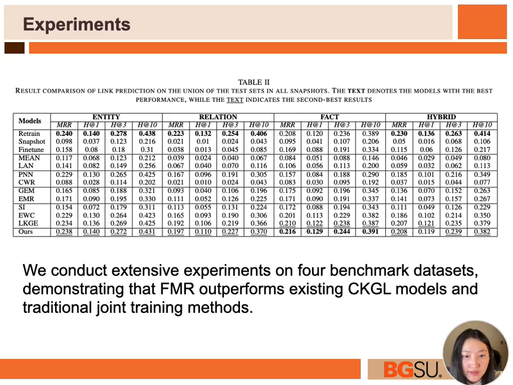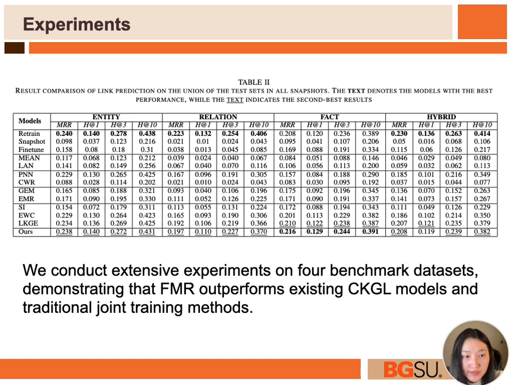It consistently delivers the best performance, but demands the highest computational cost. The Snapshot model is only trained on the most recent snapshot, neglecting prior knowledge. The Fine-tune model applies basic fine-tuning without additional mechanisms for continual learning, resulting in limited adaptability.